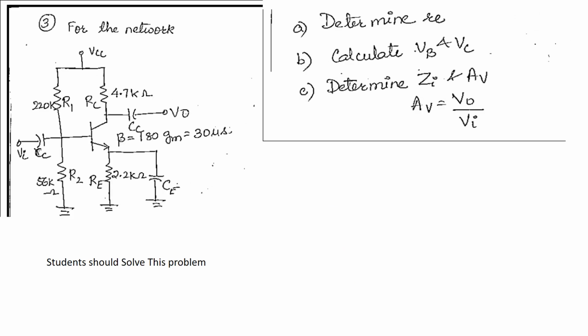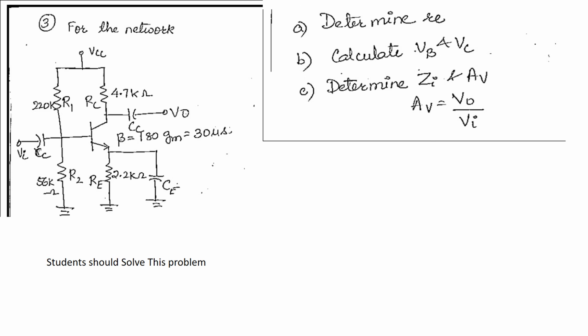A slight activity for the students. For the given network, just analyze the configuration very thoroughly. I'm just giving you a clue and a hint to solve this problem. Do a DC analysis, that will help you in finding re. Then find out the values at the base terminal and the collector terminal.